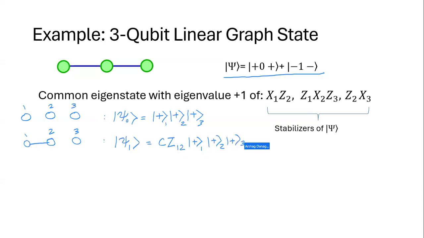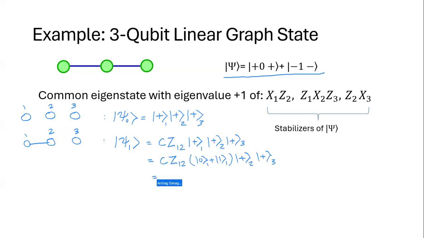Right? And this is simple to calculate. So just to show you, the CZ gate, we can expand this guy, right? So this is 0 plus 1, acting on plus, and then there's a plus, right?